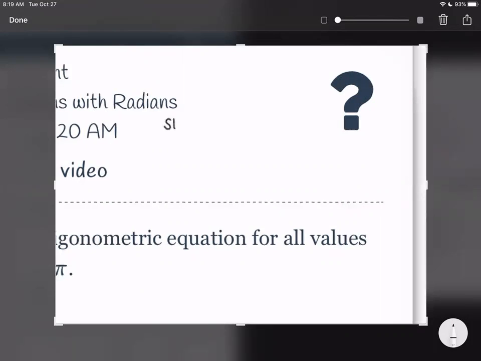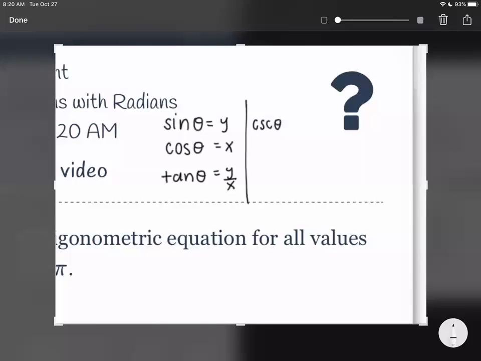So I want to remind you that sine is the y value, cosine is the x value, tangent is the y over x, and then here's the reciprocals. Reciprocal of sine is cosecant, so cosecant is 1 over y.